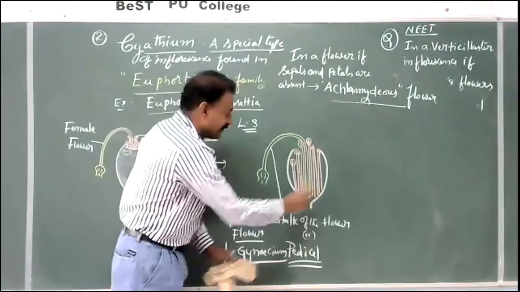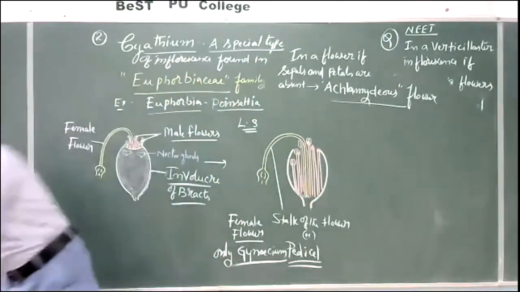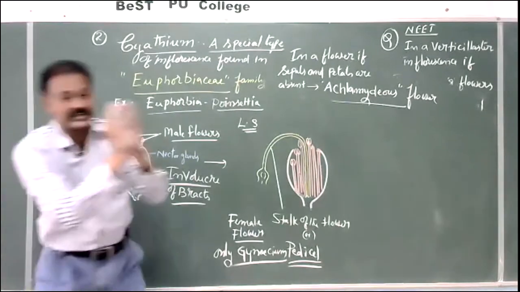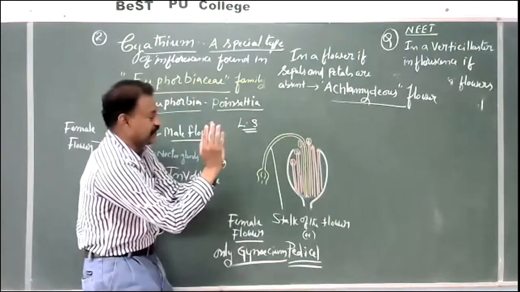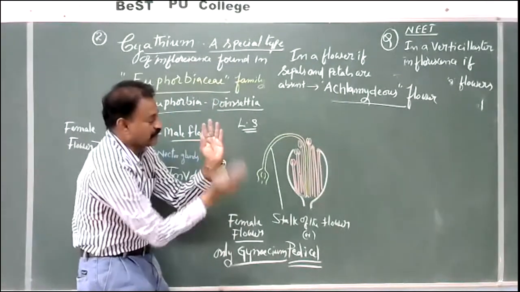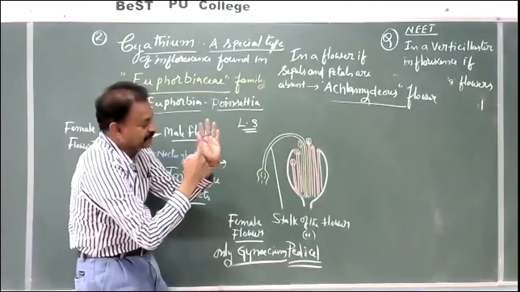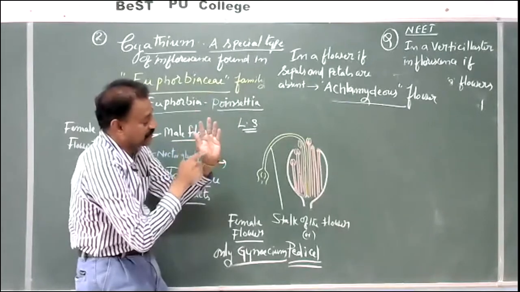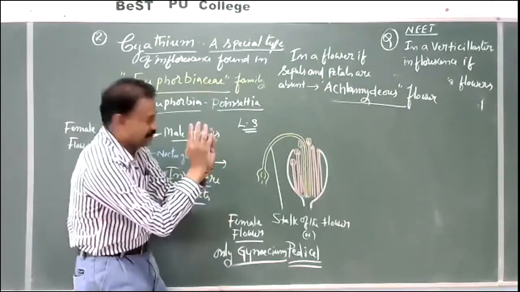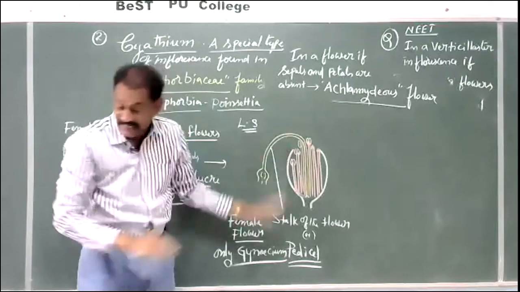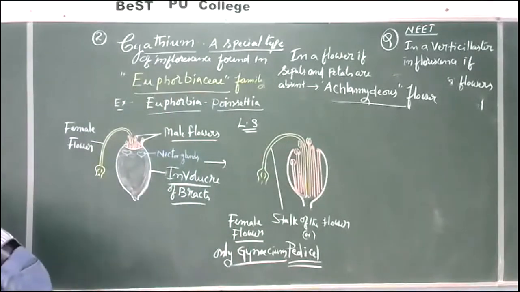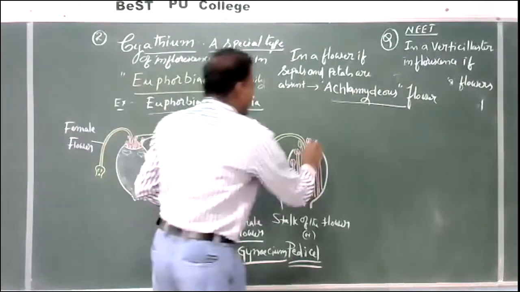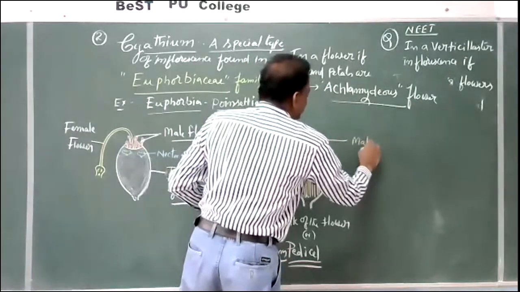Why, sir? As I have shown you now, it has a structure like this. See here, my dear students, we want to show this. The difference is there in the cavity. Some are found here, they are coming out, some are found here, they are inside. So because of this distance, each and every flower is a male flower.